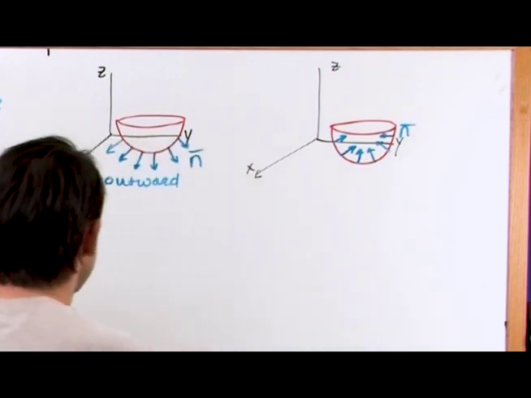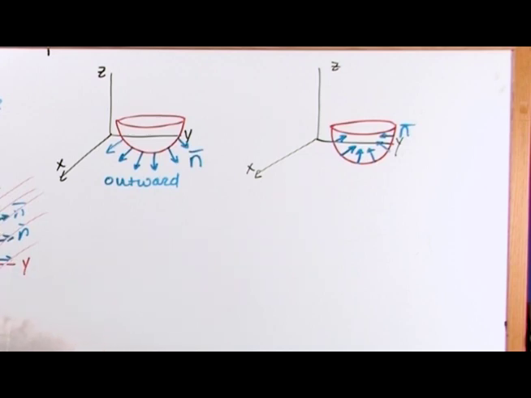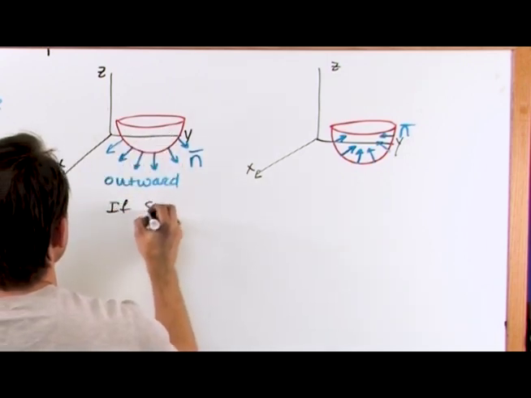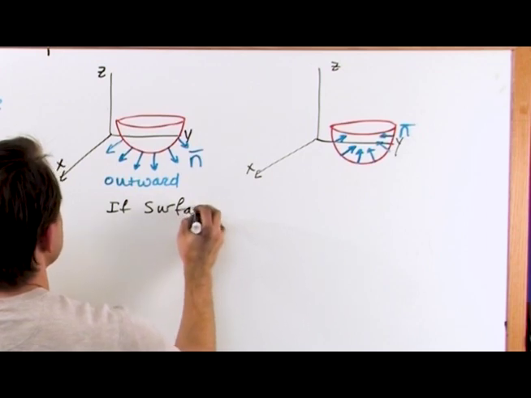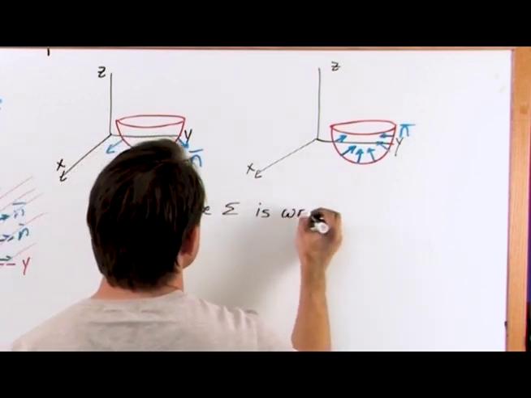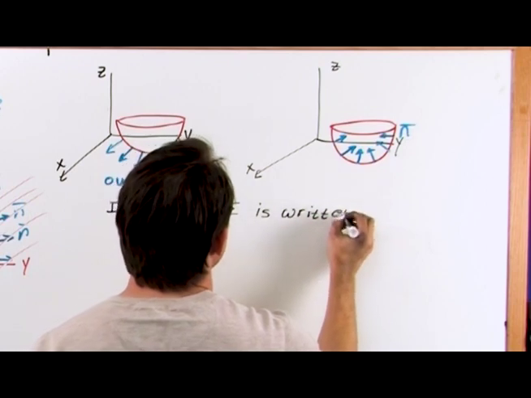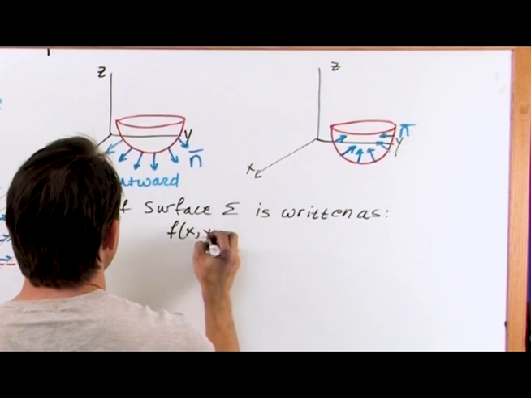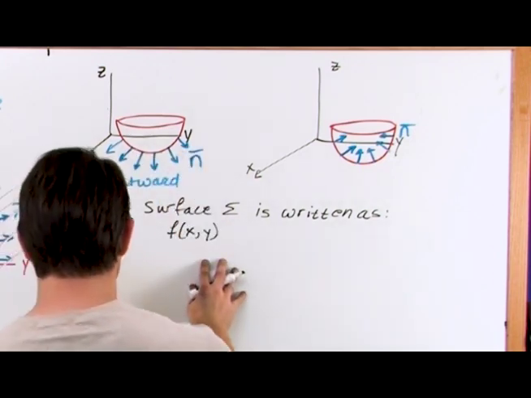Okay? So what I'm going to do is present to you without proof the following, okay? If the surface sigma is written as f of x comma y, it's going to be a surface, okay?